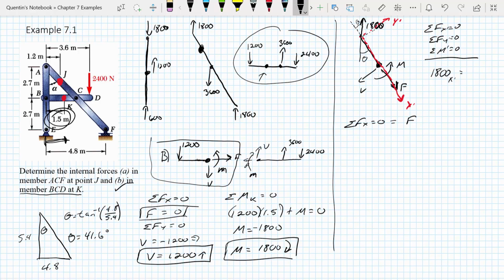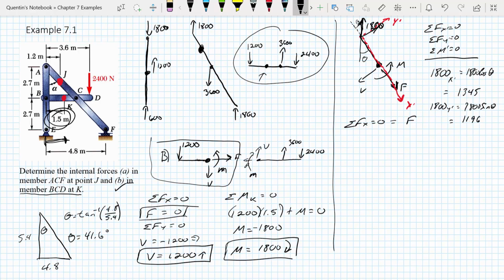So the x component of the 1800 ends up being 1800 cosine of theta, which, when you plug in 41.6, is 1345. And the y prime component, how much of this force is in this direction, is 1800 sine theta. That works out to be 1196, I believe.